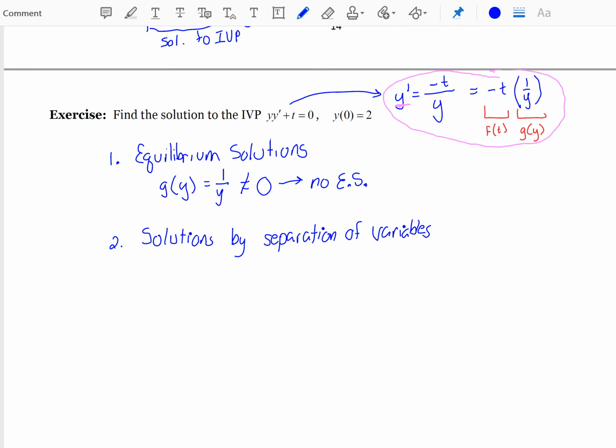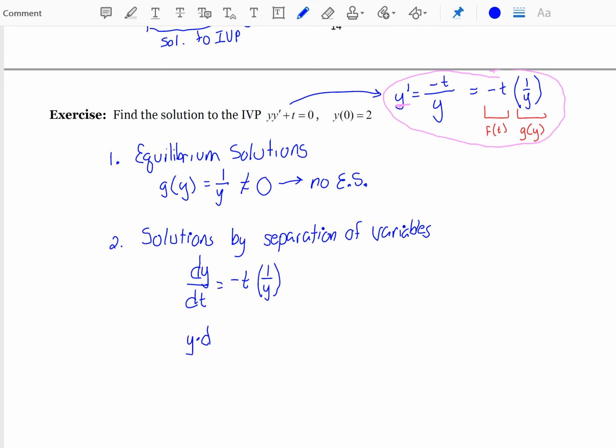So I want to write this as dy/dt is negative t times 1 over y. And now we would like to get all the y's on one side and all the t's on the other. So to get y by itself, maybe we can multiply by y to get it on the right. Sorry, on the left.